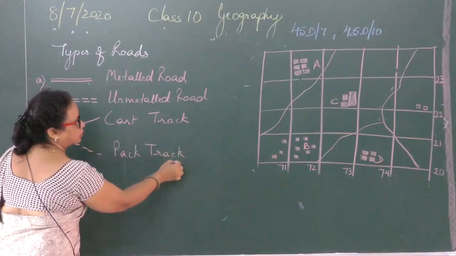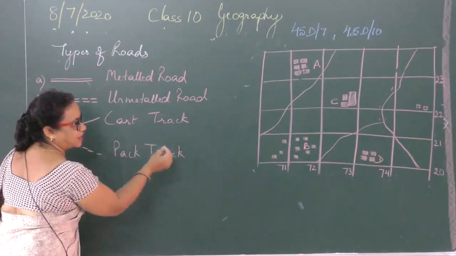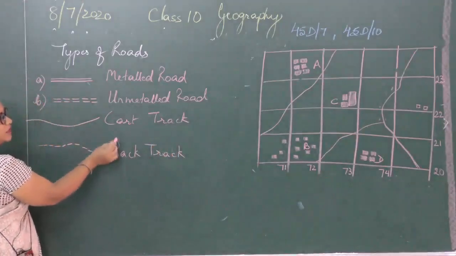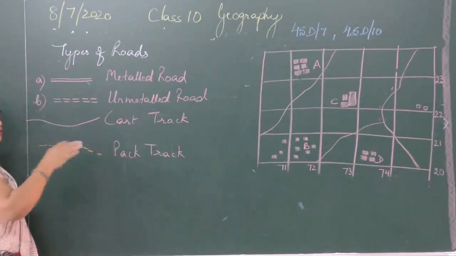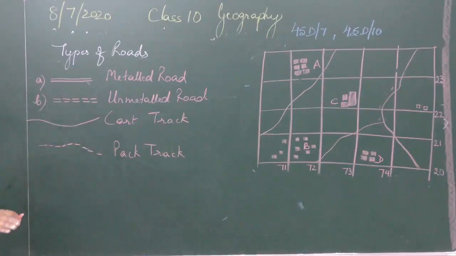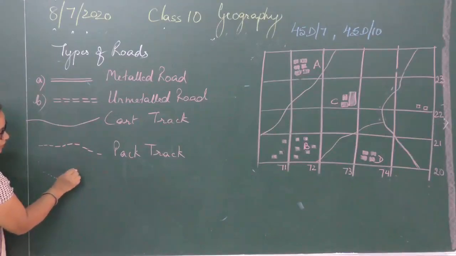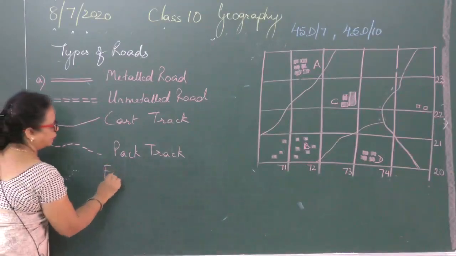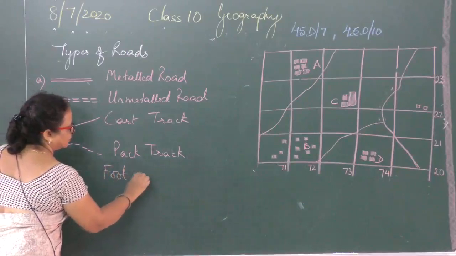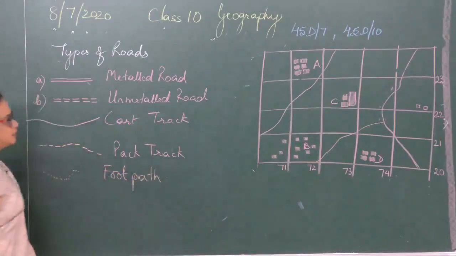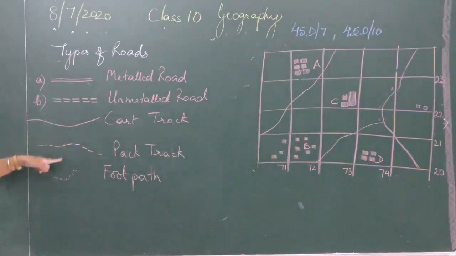These are not proper roads at all, but in village areas, underdeveloped regions in India, these are the routes which man also uses, animals also use. Okay? Then very small dots like this in red. This will be a footpath. Clear? So these are the different types of roads.